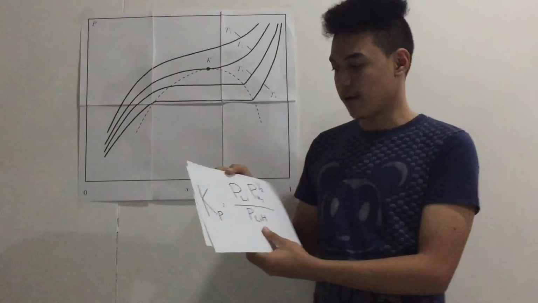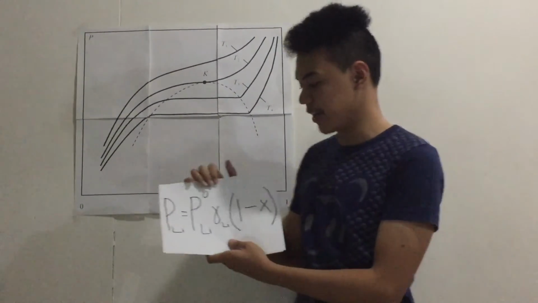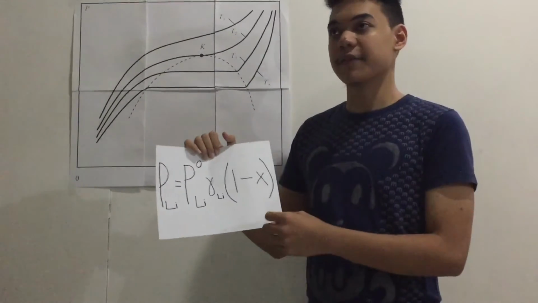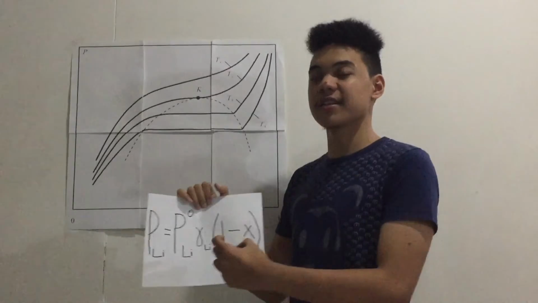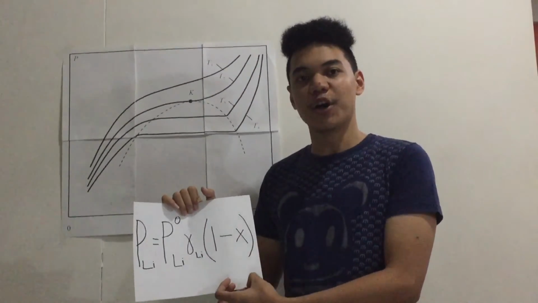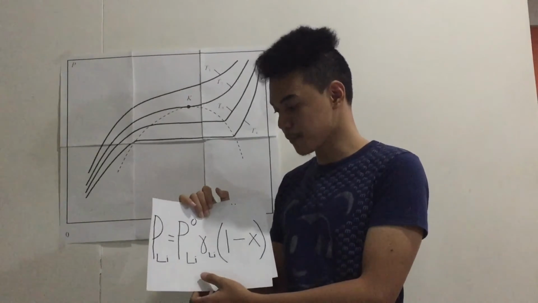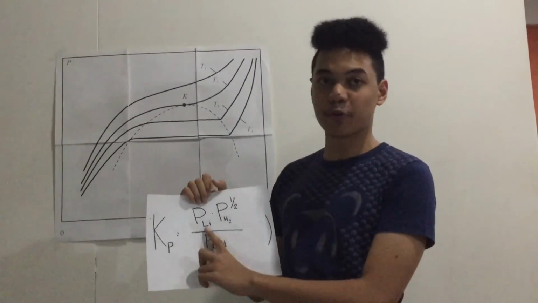From the equation of the saturation pressure of lithium, once x approaches 1, or once the composition of lithium hydride increases, the pressure of lithium approaches 0.